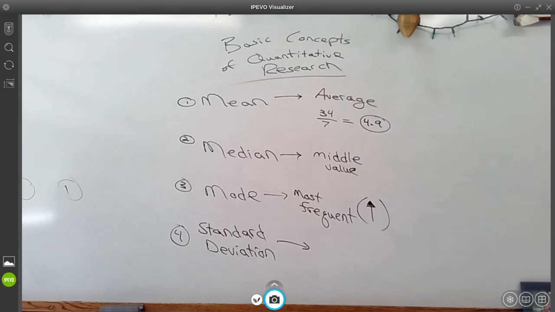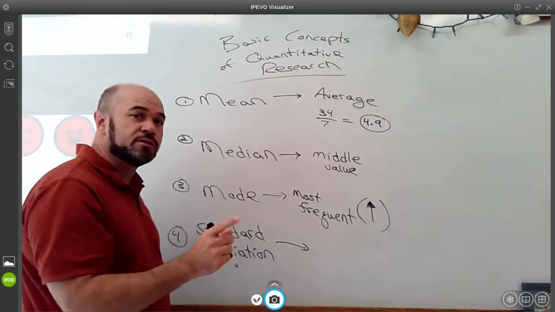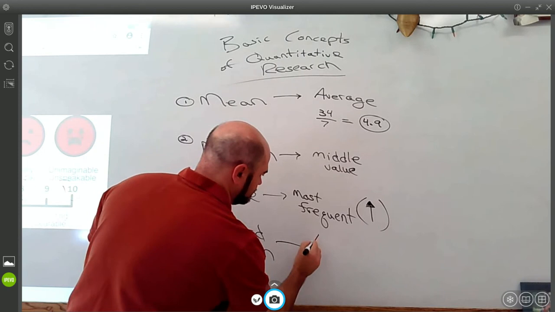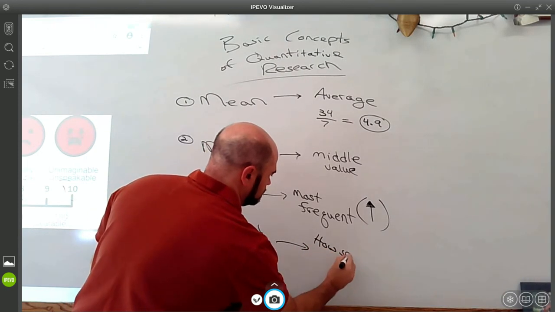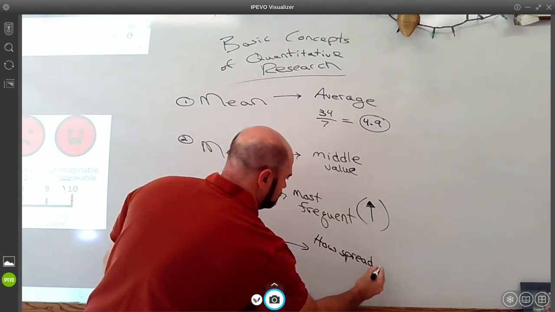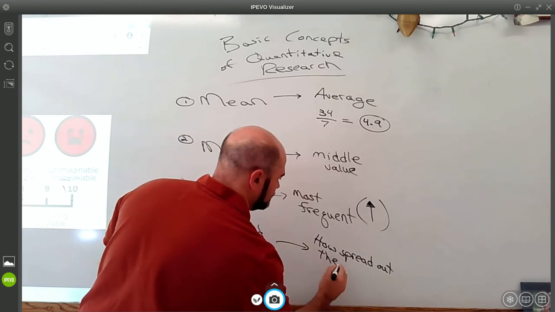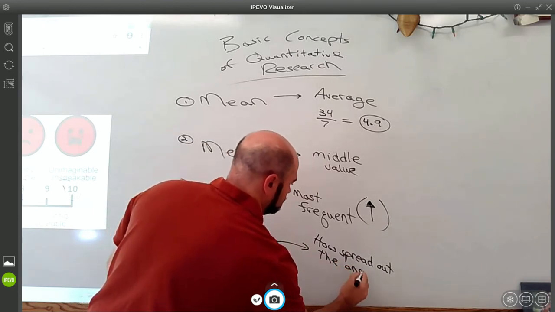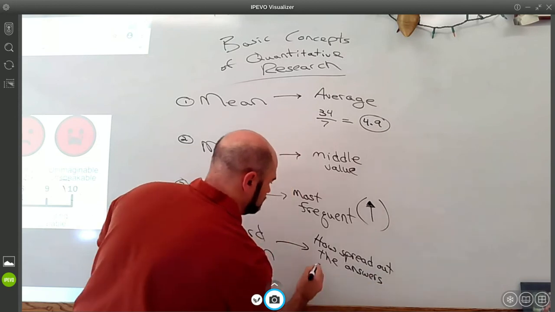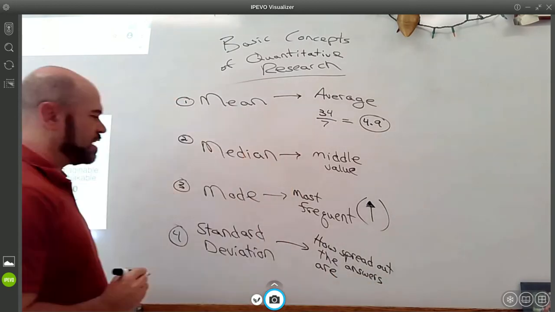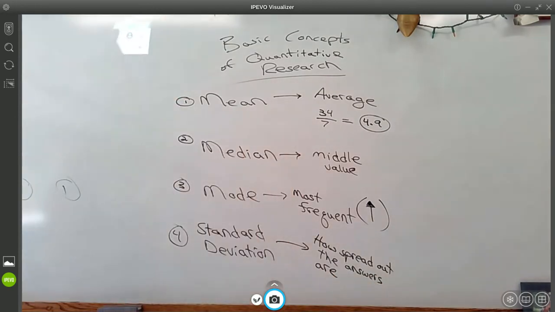So this is basically telling us how spread out the answers are compared to the average. Right? How spread out are the answers, and then compare it to the average and see how close the answers are to the average.